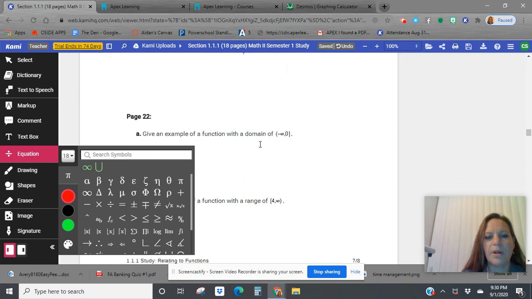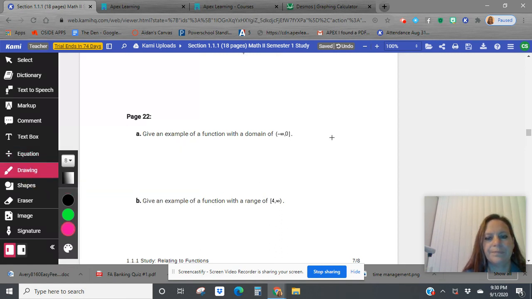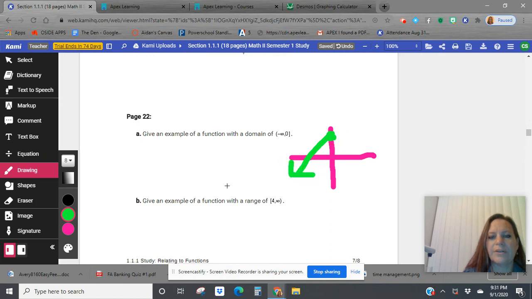Give an example of a function with a domain that goes from negative infinity to 0, so something that goes from negative infinity, stops right here, and goes forever in that direction.